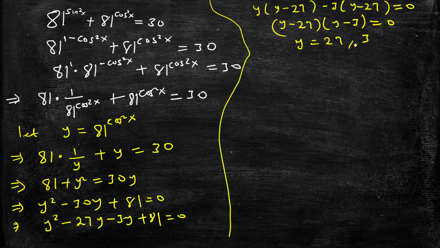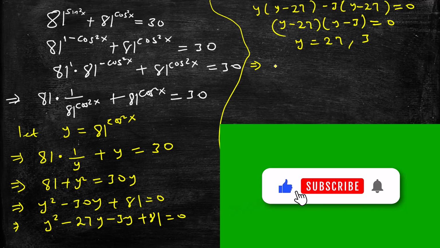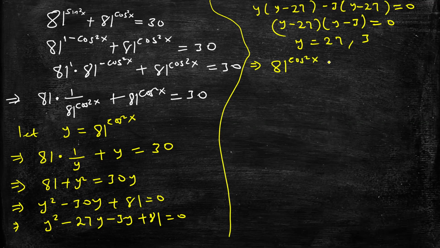But we are not looking for y. This y will help us get the answer. Remember, we represented this one by that. So let's go back and substitute the answers. The first answer for y is 27. We have 81 exponent cos squared x equals 27.